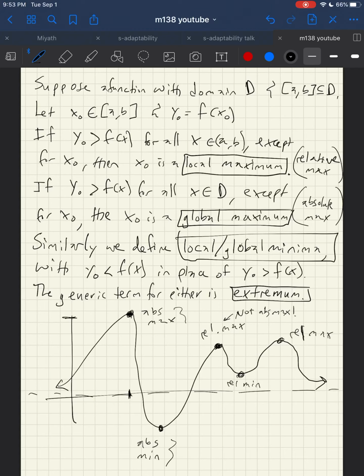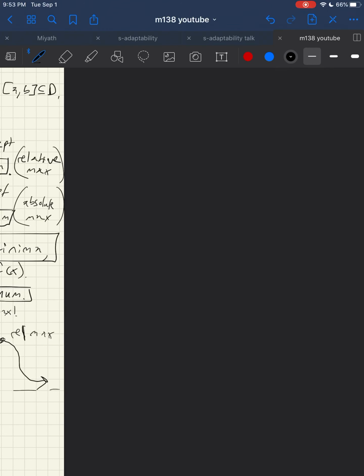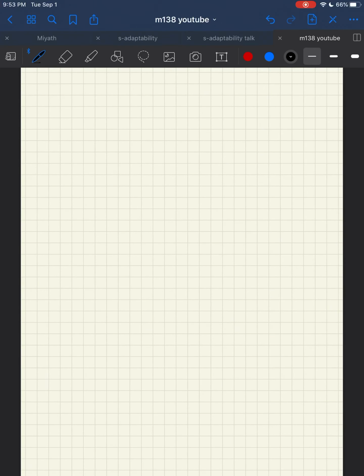Okay, so what I would like to do now, let's just take a moment and sketch a couple of functions. This is going to be kind of a strange exercise, but I want you to sketch 3 different functions, and you don't have to write down the piecewise defined thing.